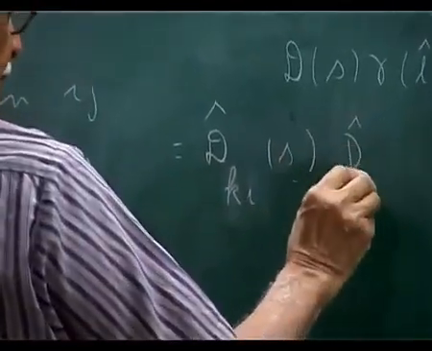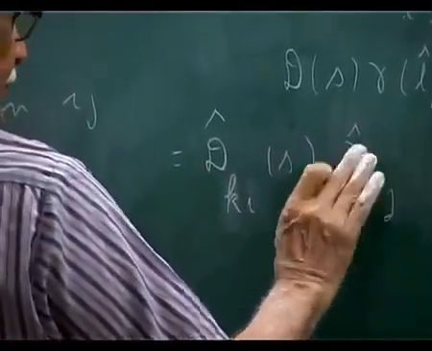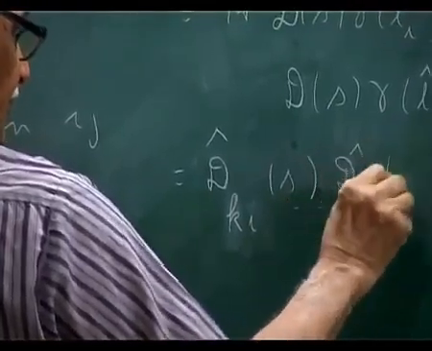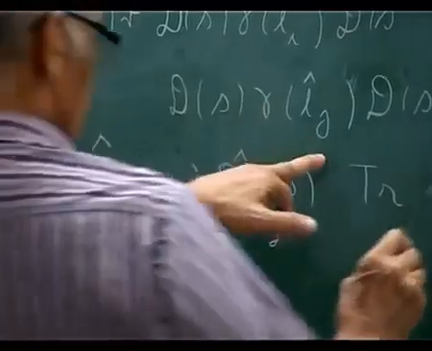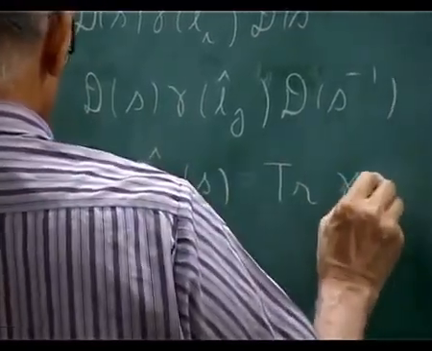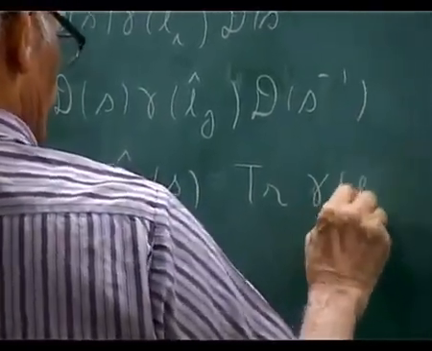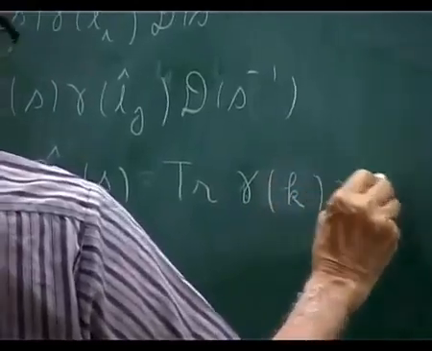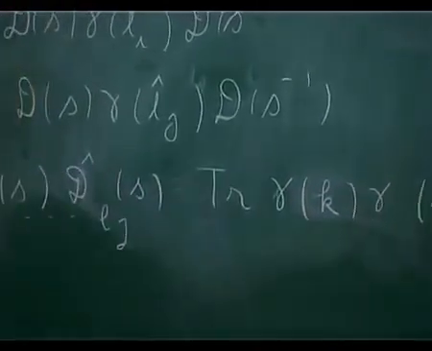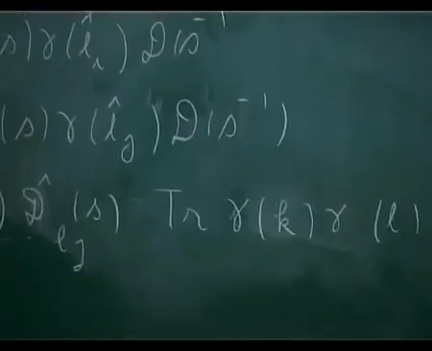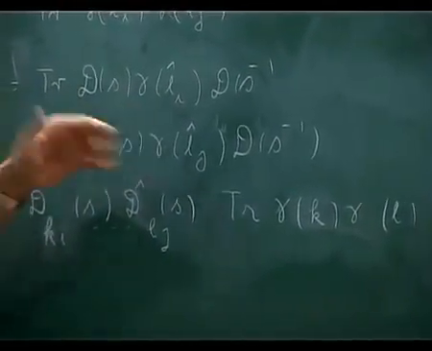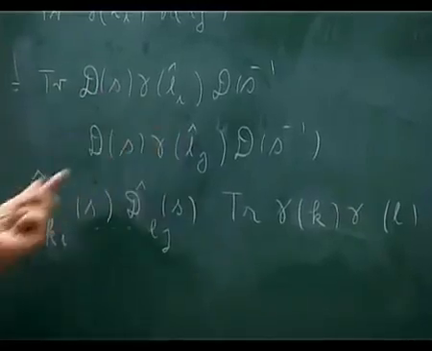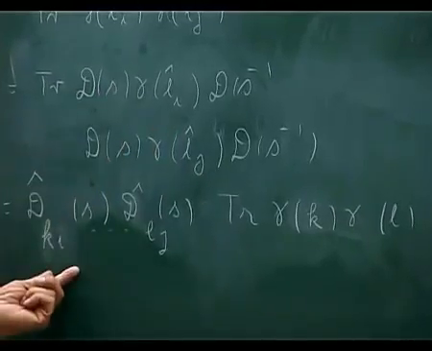I should write l j of S times trace of gamma of k gamma of l, where here this is a group element but is actually by conjugation. So I look at the matrix of D in this basis, that is by definition this.